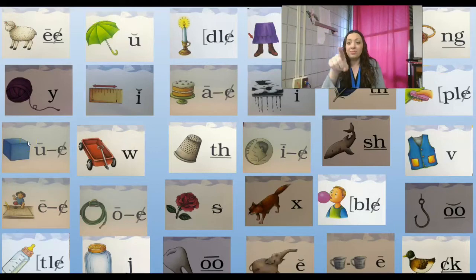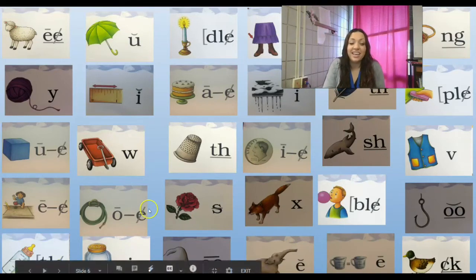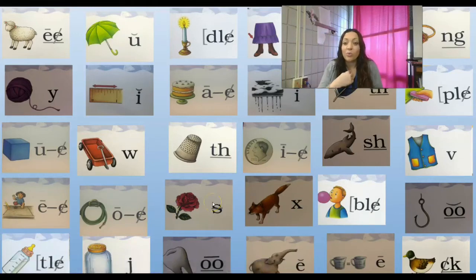Cube, U consonant E. Wagon, W. Thimble, digraph TH. Dime, I consonant E. Shark, sh. Digraph SH. Vest, V. Concrete, E consonant E. Hose, O consonant E. Rose, Z. S.